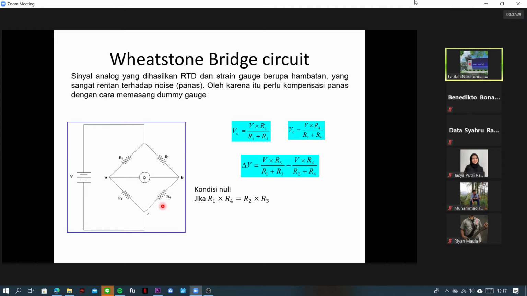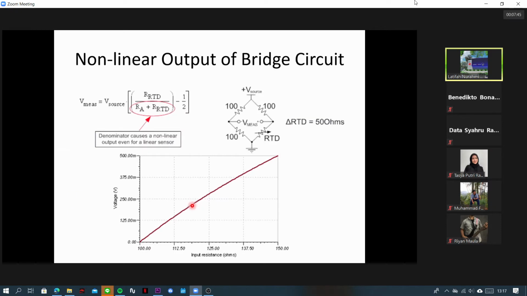Or even if R4 is known by measuring the temperature, your task is finding what the voltage is. It can be that way.